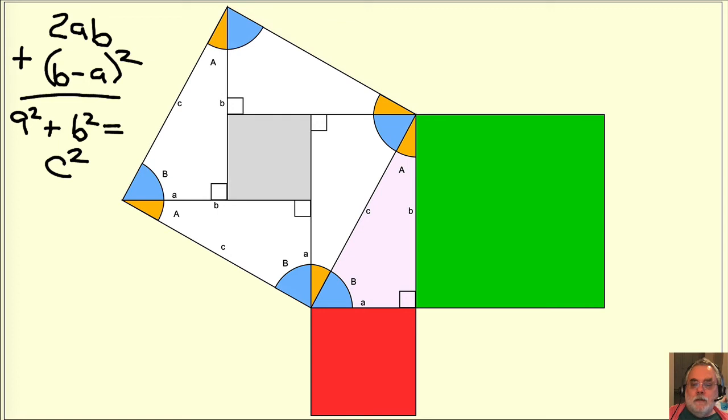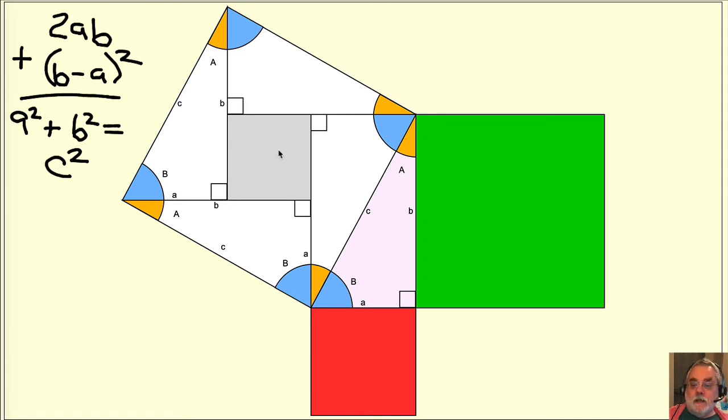We chose A less than B, and the four triangles didn't completely cover the gray square. If we had made A equal B, we would have found that the four triangles completely covered the large gray square, and there's no small square left over in the middle.